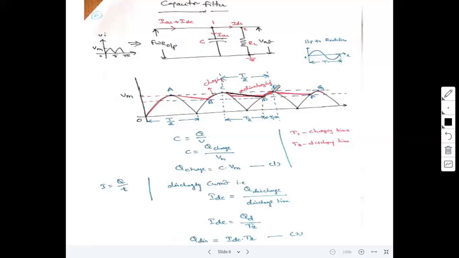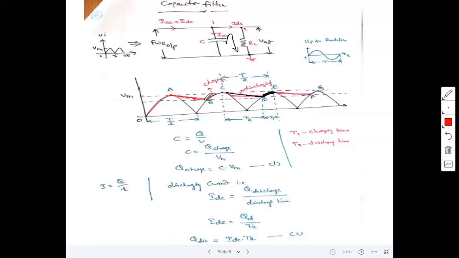Now the capacitor again tries to charge. When it reaches the point E, the capacitor voltage is equal to the maximum input voltage. Now the capacitor tries to discharge, right? Like this, the process is going on. When it is discharging, the capacitor voltage is greater than the full wave rectifier output voltage.